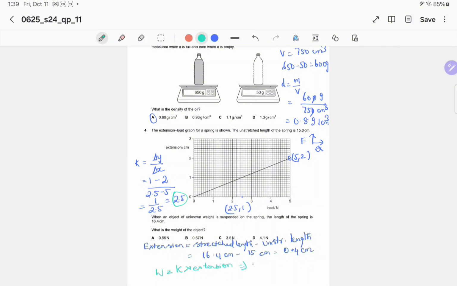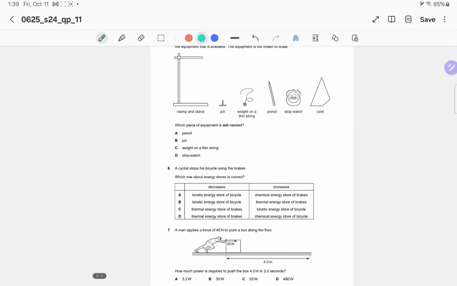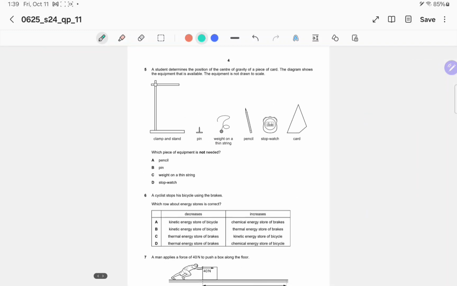We know K, we know the extension value. So K is 2.5 into extension 0.4. So your answer is 1 newton. Okay, this one C. Next question.